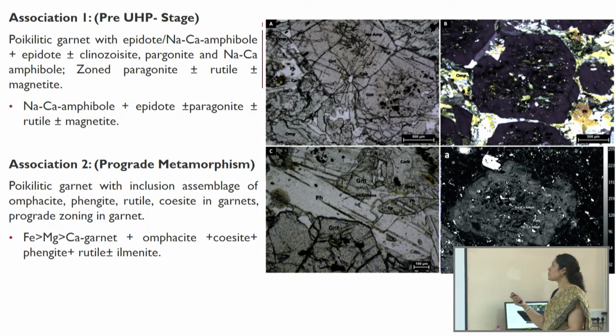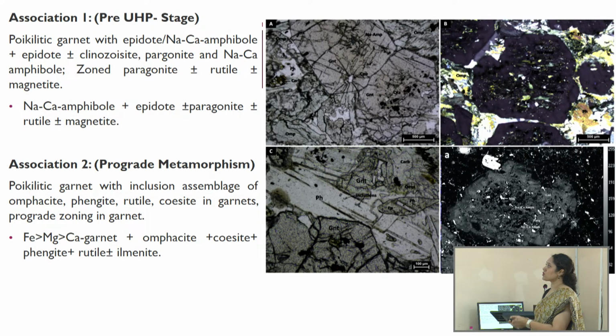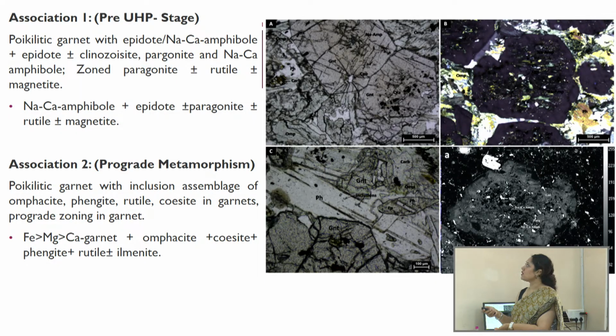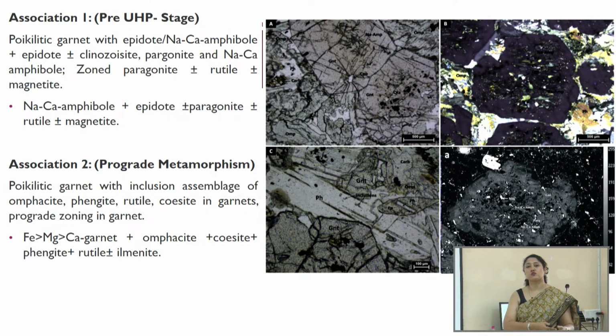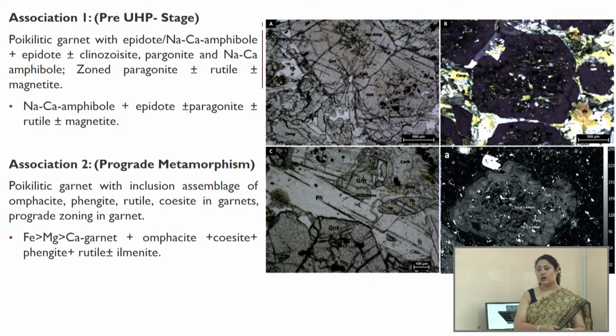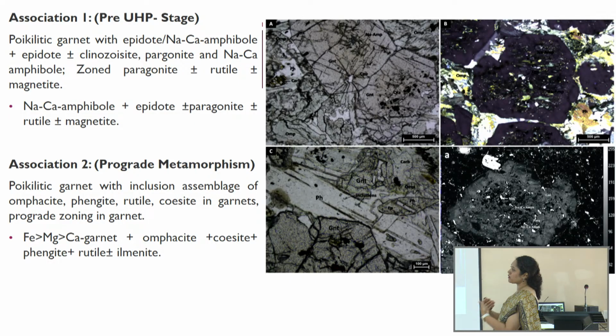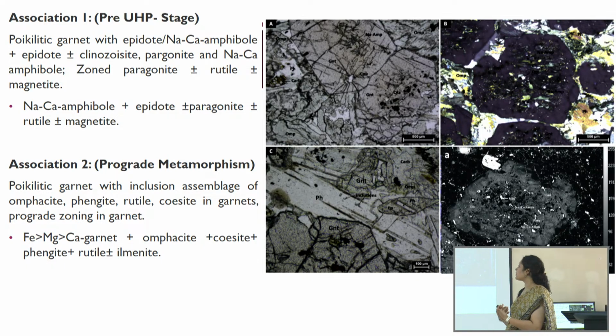This association was established, and confirmed with previous reports, that all these minerals within the garnets are a pre-UHP assemblage. Then as subduction or prograde metamorphism increases, you get garnets which are more Mg rich in the rims, you get the presence of omphacite, and you get the presence of coesite.